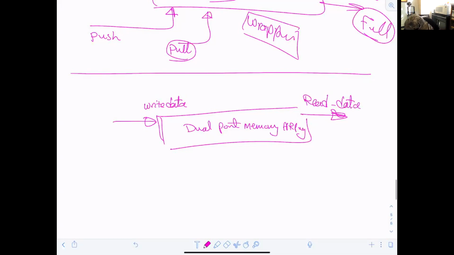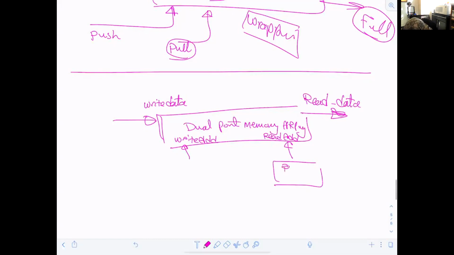Then I said there's a read address, and here there's a write address, right? I should have a unit for this, called the read pointer, and here I should have the write pointer.